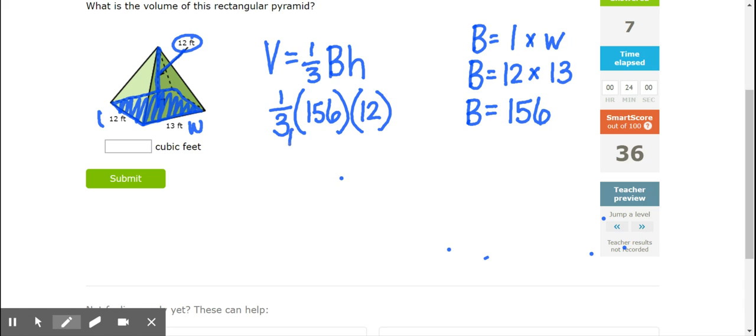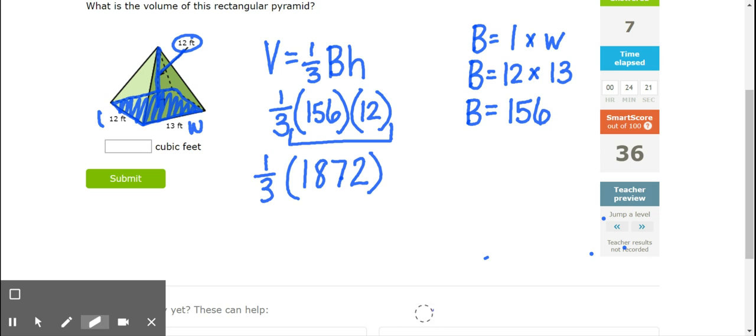I'm going to type in 156 times 12 into my calculator first. So 156 times 12 is going to be 1,872. And I'm going to multiply that times 1/3, or we could think about it as dividing by 3.